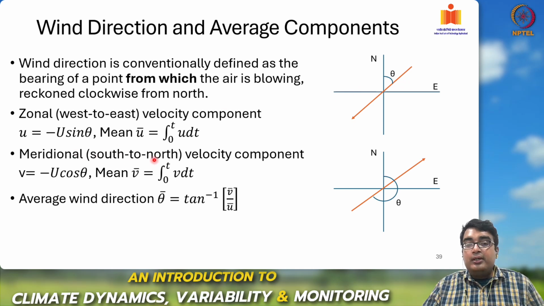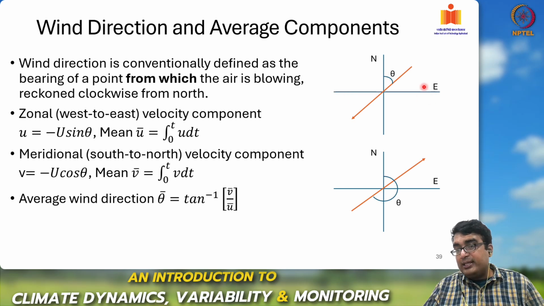And the meridional south to north velocity component is minus u cos theta. So, the zonal component west to east is this way, and this component here is on the opposite side, so you have the minus sign, right. Similarly, south to north is this way. This is the opposite side again, so this is again minus u cos theta.